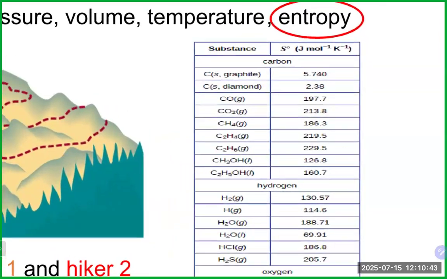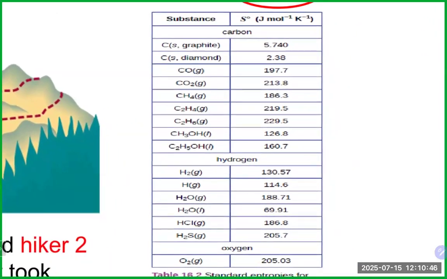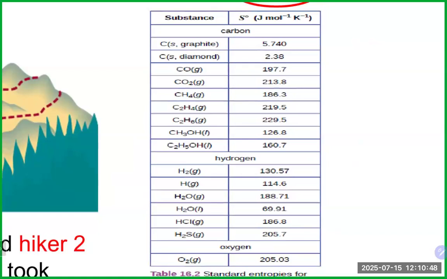When you look up entropy values in a table like this one here, and you have a similar table in your book, usually in the back of the book, there's a big table of all the thermodynamic values together: H's, S's, and G's. A couple of things are a little bit different in what you will find in those tables for delta S as compared to delta H. Delta H, as we saw, is typically in units of kilojoules.